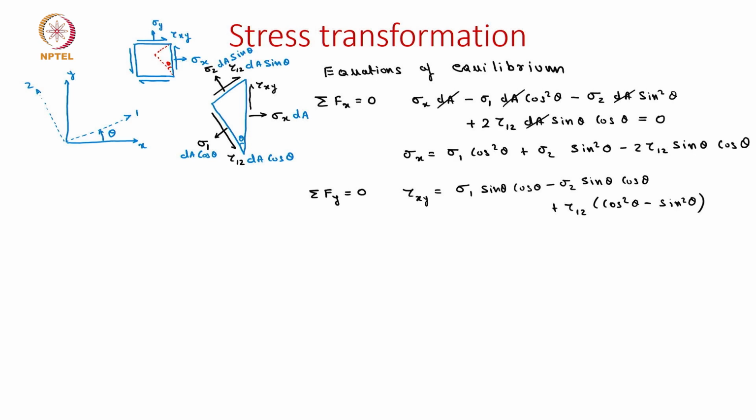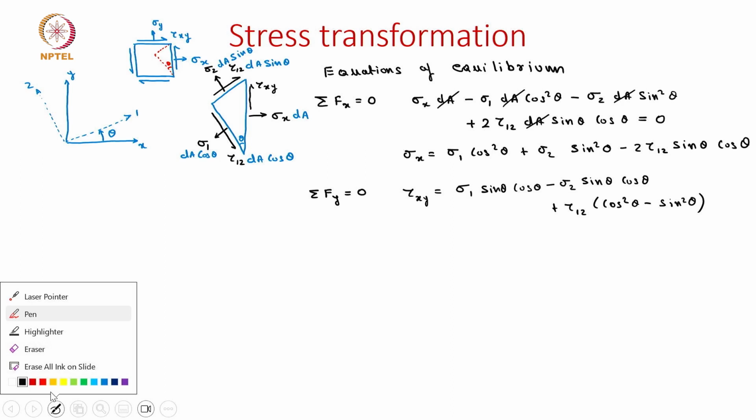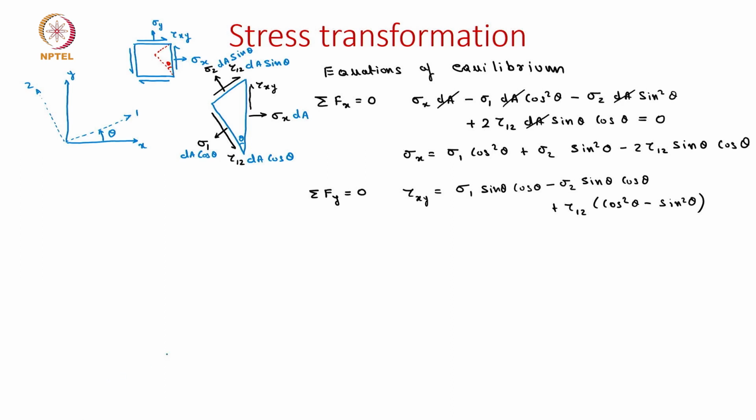For this we need to consider another wedge. So, now let us show another wedge where we can get this sigma y. Let us say I make another wedge something like this, and let us say this is the angle theta.